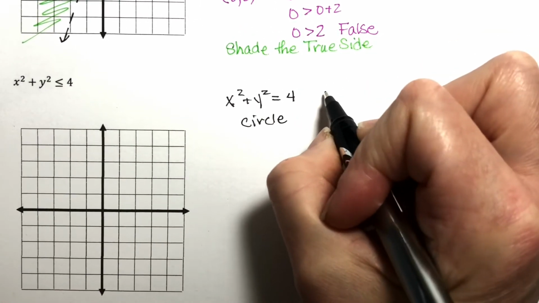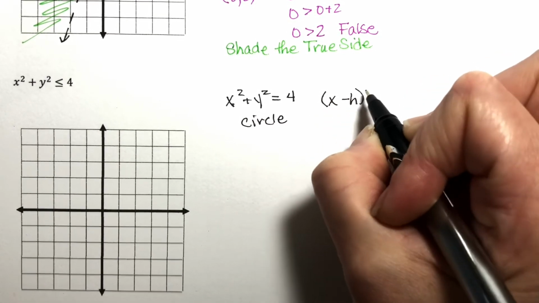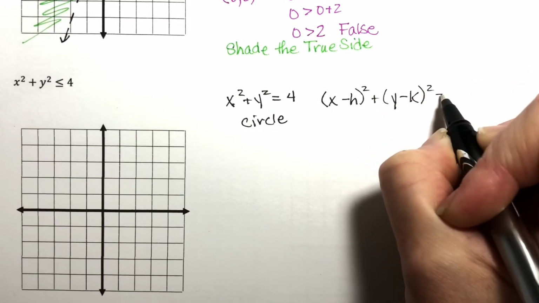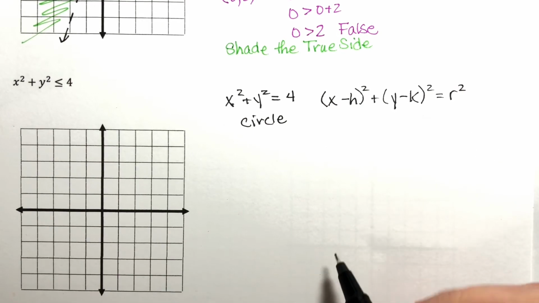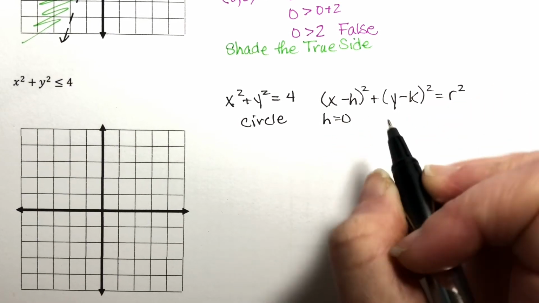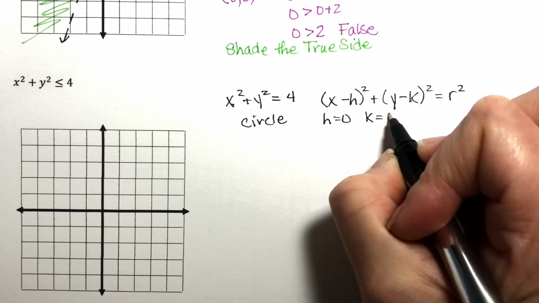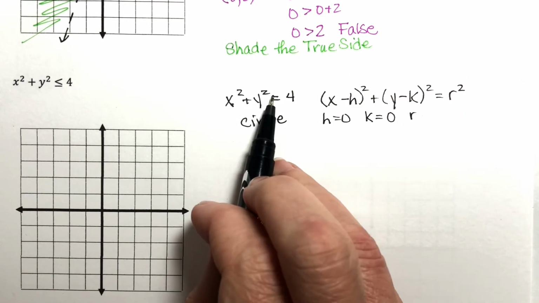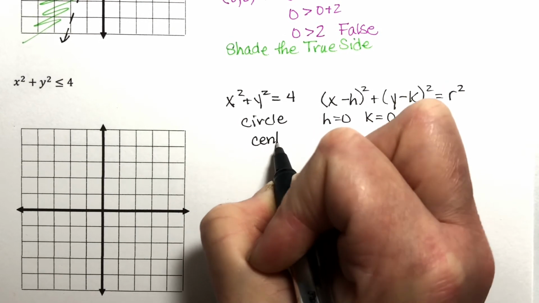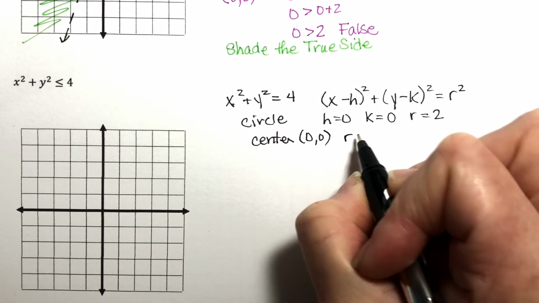Remember our basic circle formula is x minus h squared plus y minus k squared is equal to r squared, our radius squared. Compare this to this, and you'll see that h must be 0 because there's nothing subtracted here. Our k must be 0. And r squared is 4, so r would be equal to 2. The center is h, k, so the center is the origin, and the radius is 2.